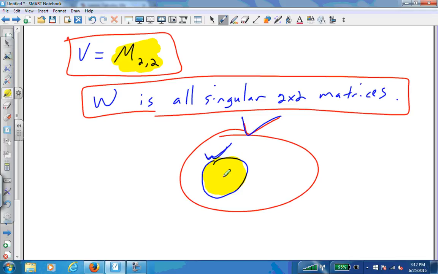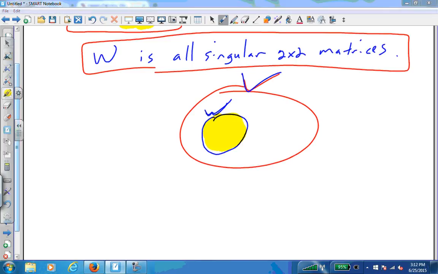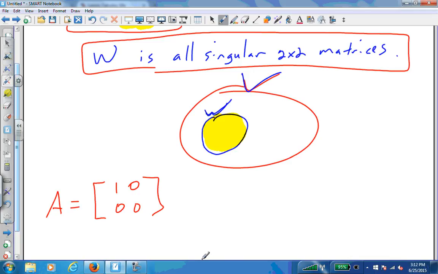we want to see, is this subset also a space? So it turns out that it's not. If we look at a singular matrix, let's call this A. Remember, a matrix is singular if you take the determinant of it and get 0, or if it's not invertible.